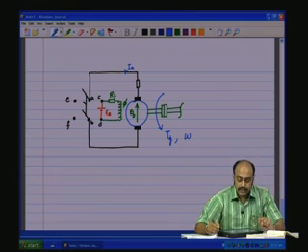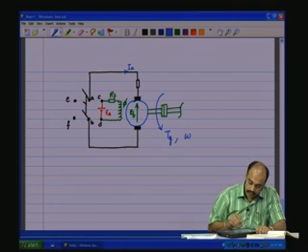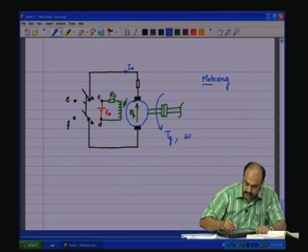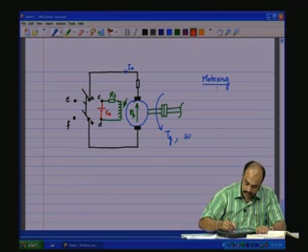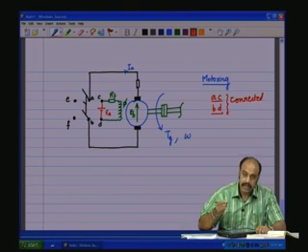Now, we want to bring it to a stop. So, what do we do? Now, when the motor is rotating, let me call it as motoring. So, when it is motoring, A and C are connected, B and D are connected.